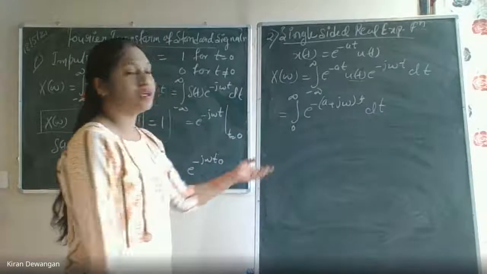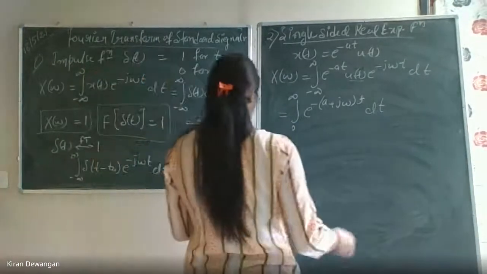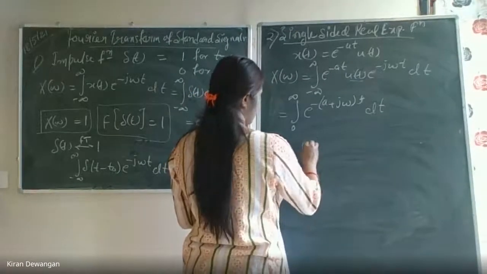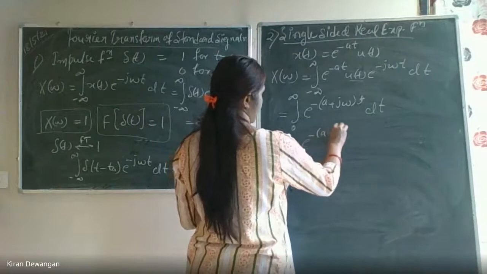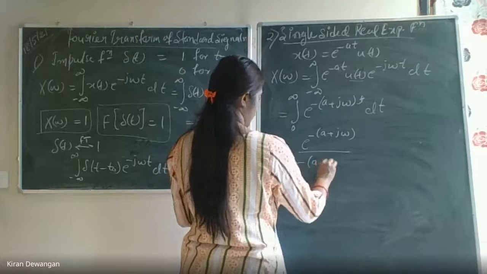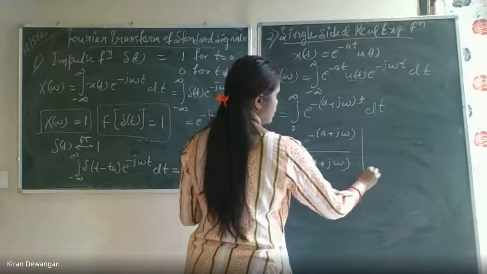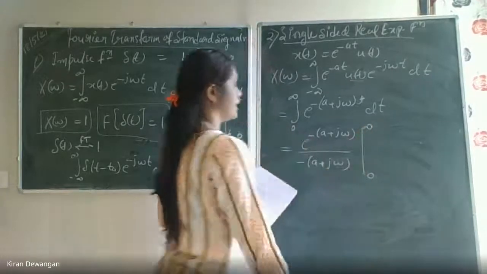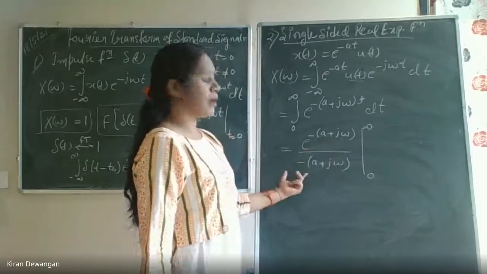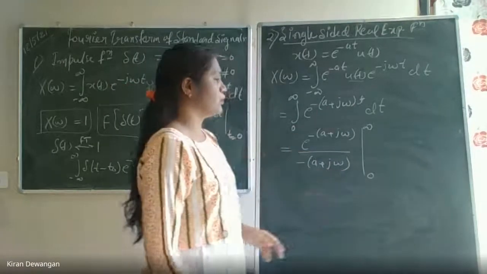Now what is the answer of this one? X of omega. This becomes e to the power minus a plus j omega t divided by minus a plus j omega, with limits 0 to infinity.